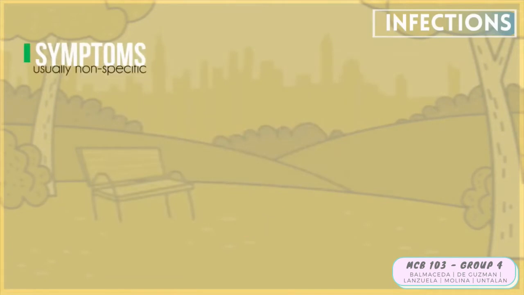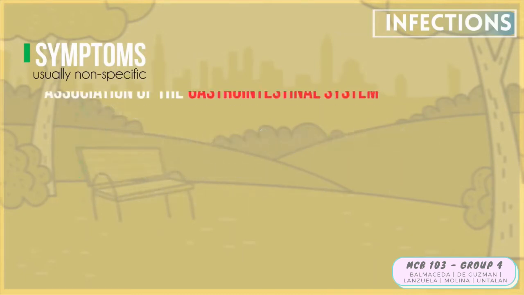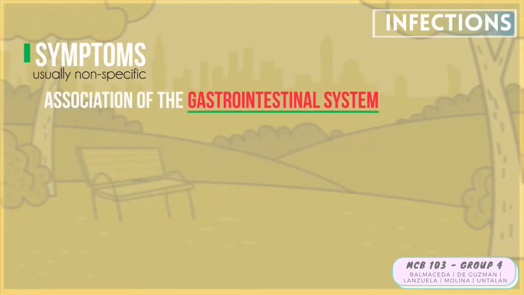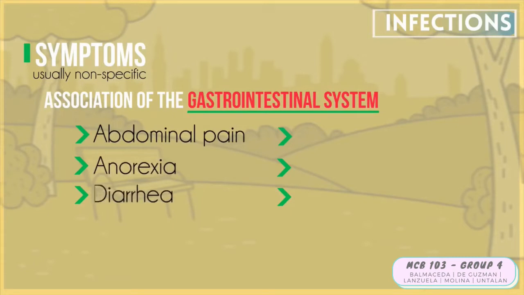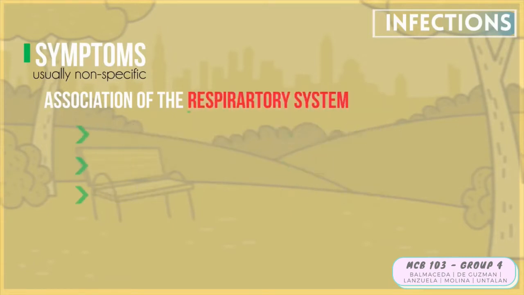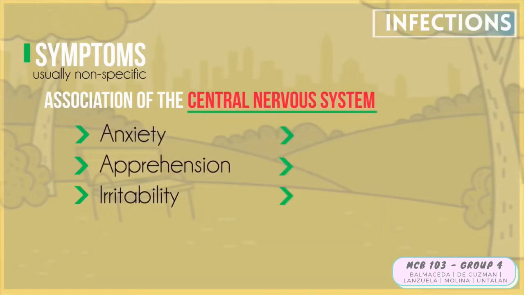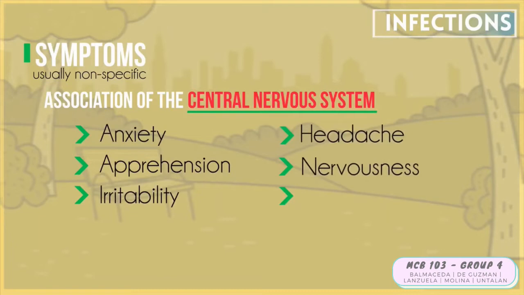These symptoms are usually non-specific, like fatigue, fever with pain and unusual tingling, general malaise, paresthesia at the wound site, or imply an association of the gastrointestinal system, such as abdominal pain, anorexia, diarrhea, dysphagia, nausea, and vomiting, respiratory system like cough, dyspnea, and sore throat, or the central nervous system where anxiety, apprehension, irritability, headache, nervousness, and vertigo may occur.